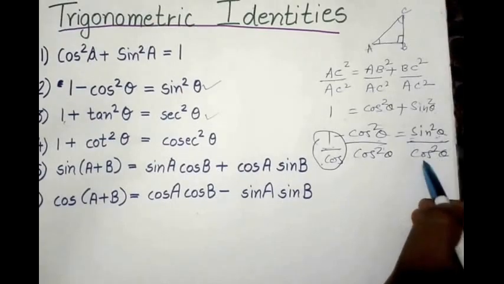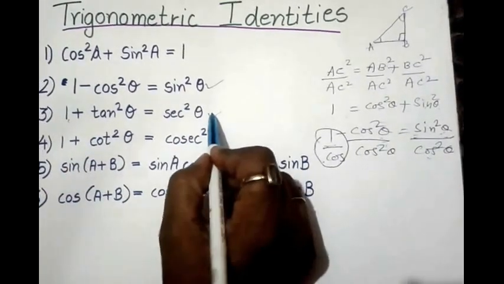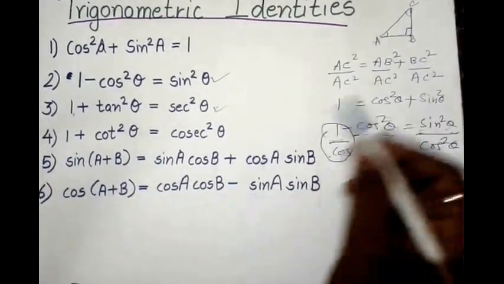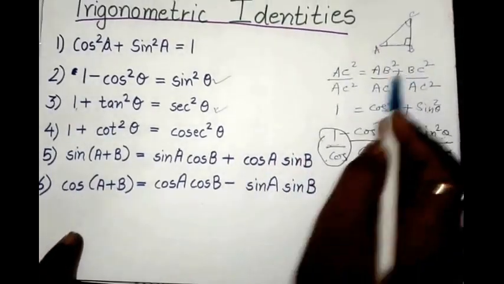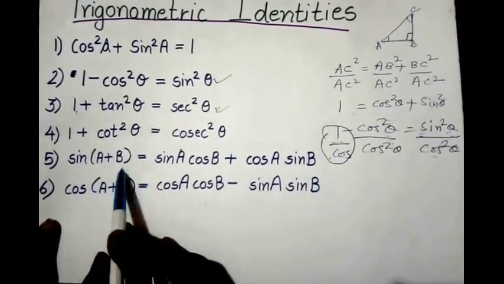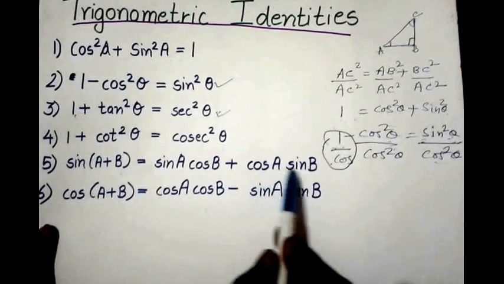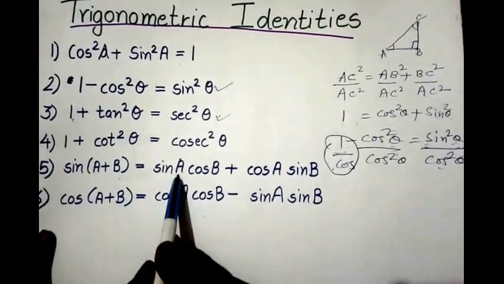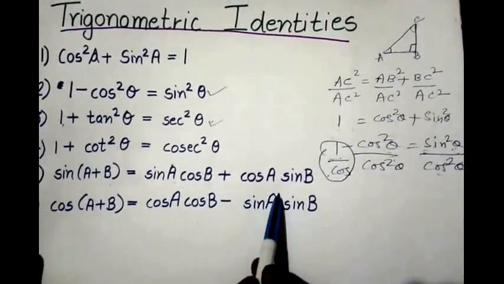So you will get this identity. It means you are proving that these are identities which are true for all values of these variables.